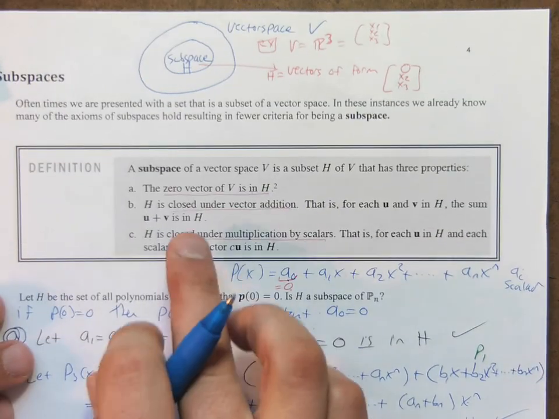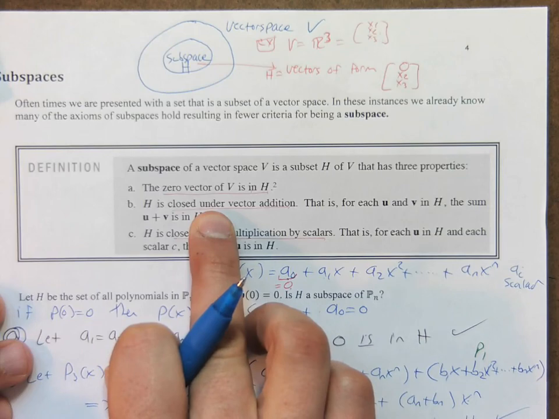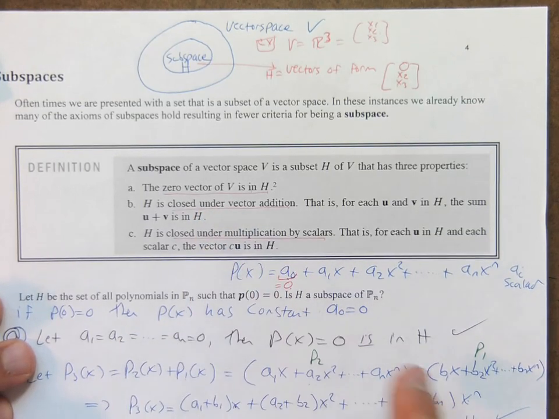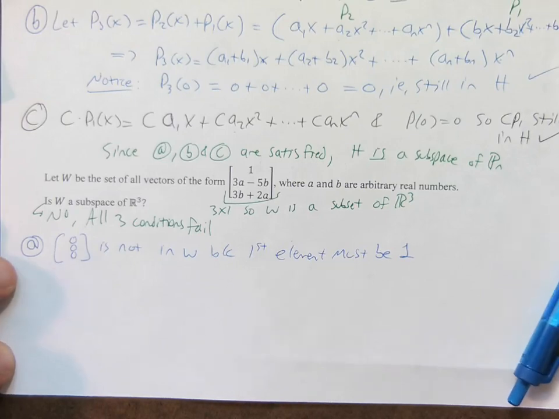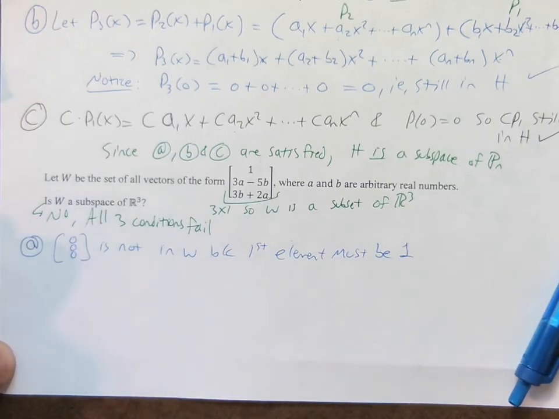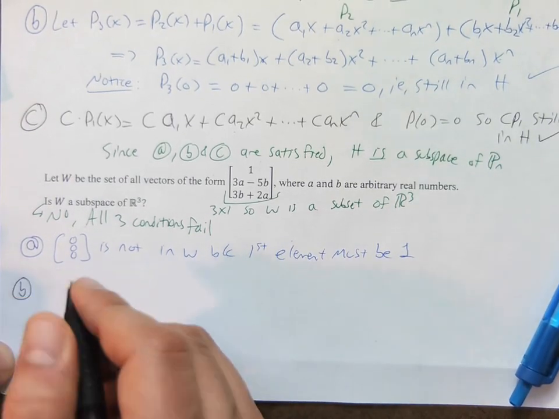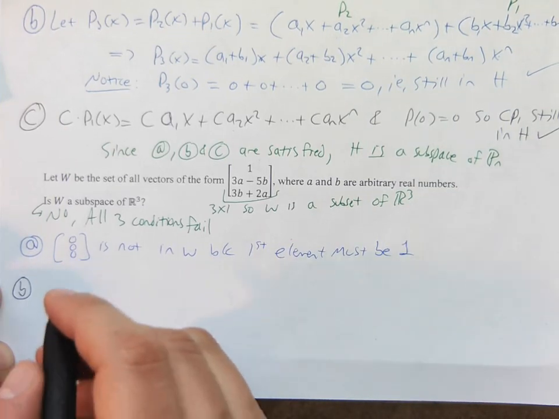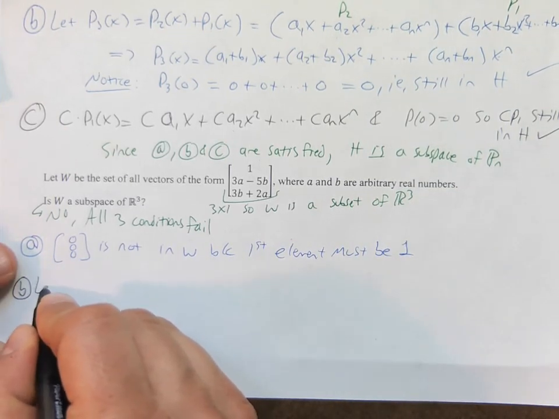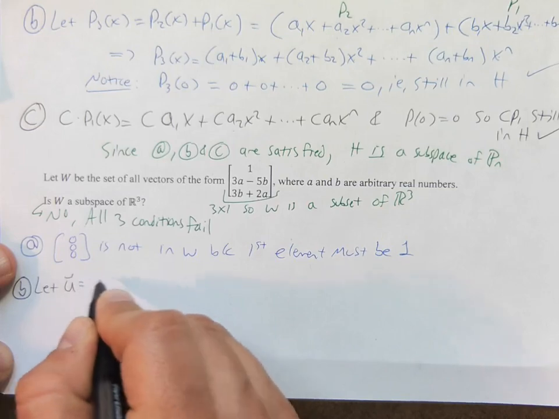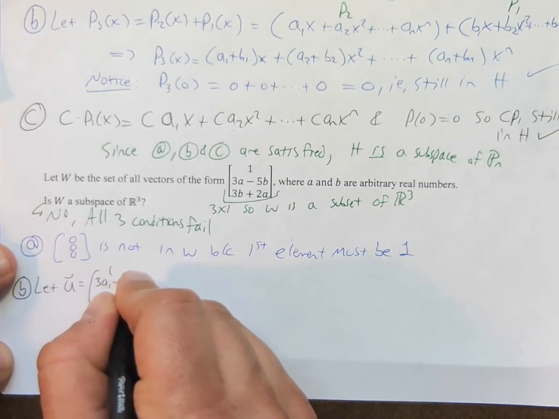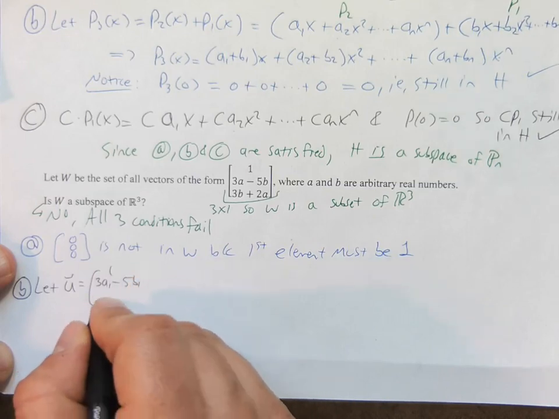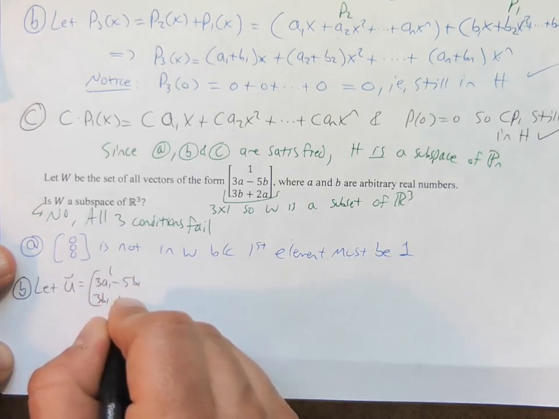So B says you should be able to add two vectors together and it stays in the space. And C says we should be able to multiply by a constant and it stays in the space. And so B fails because of this. So B. Let's pick an arbitrary vector in the space, add two of them together. So let's let U be 1, 3a1 minus 5b1, 3b1 plus 2a1.